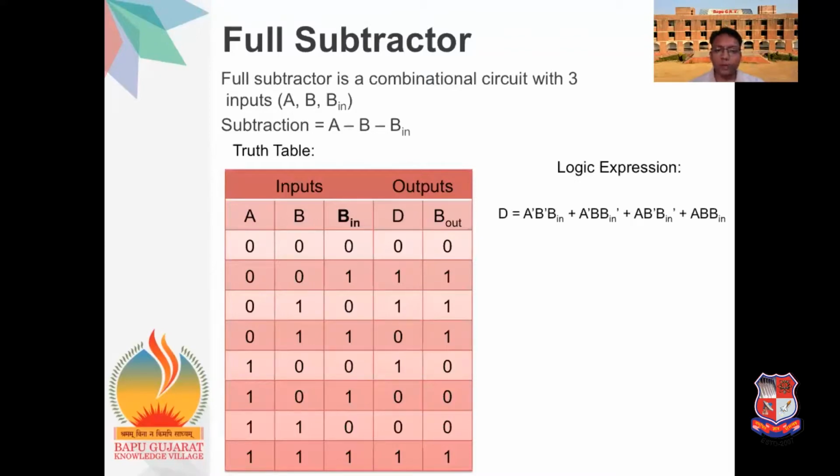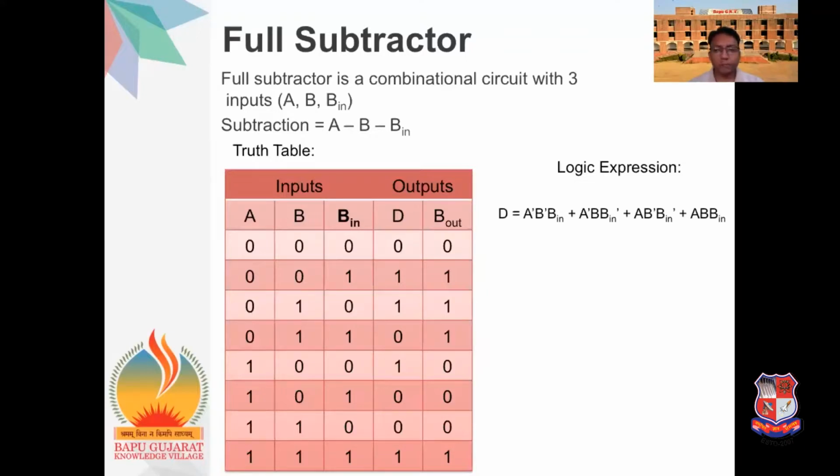So now let's find out the logic expressions for the difference. In the column of the difference, there are a total of 4 ones. So write down the 4 terms for all the ones. The first one represents the first term, that is A dash B dash B in. The second one represents the second term of the difference, that is A dash B B in dash. The third one represents the term A B dash B in dash, and the last one represents the term A B and B in.